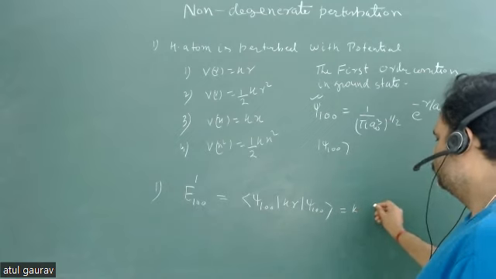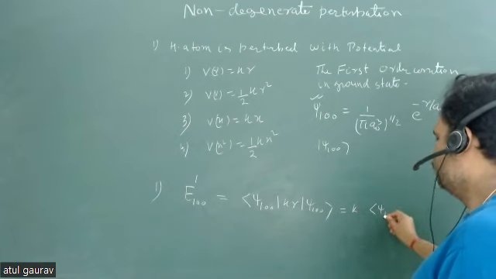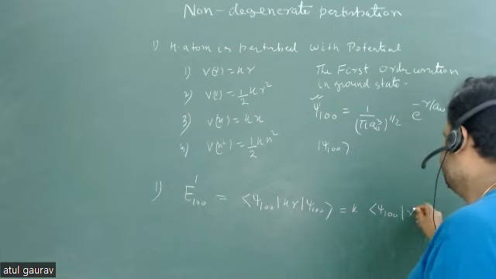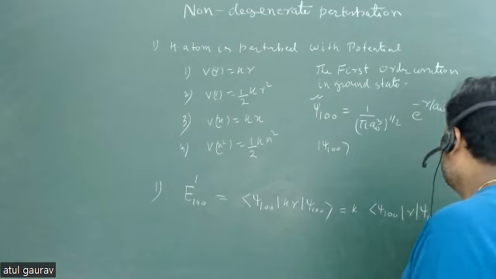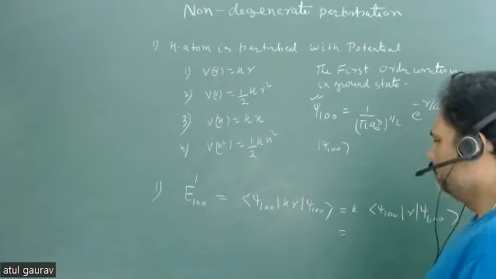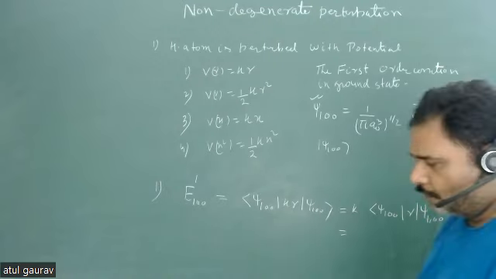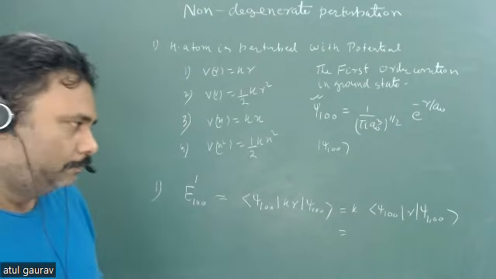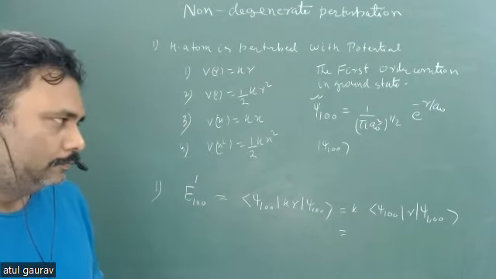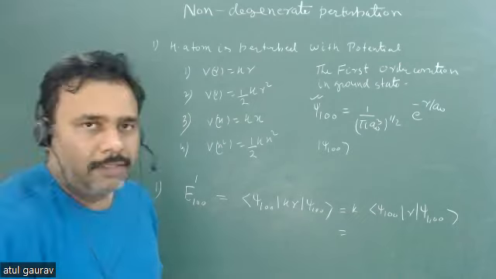Can you tell me, without calculating? We have already calculated this earlier. What will be the average value of r for hydrogen atom in the ground state? Anyone? What will be the average value of r in the ground state? We have done all these things.